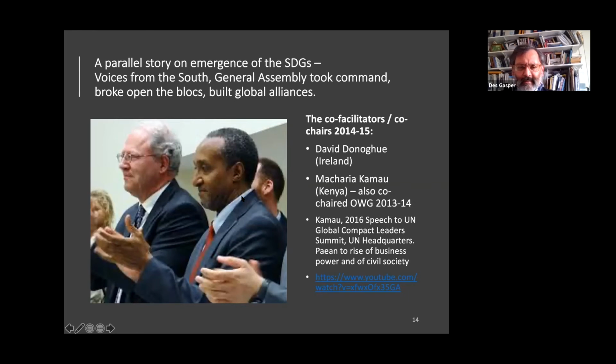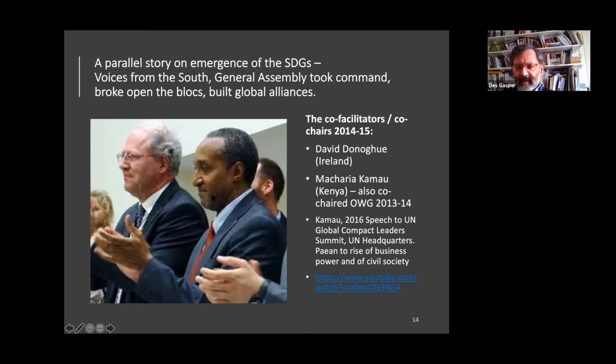Kamau articulates this quite forcefully. Donoghue, as you know, I think is co-author of a good book on the SDGs process, but I would recommend even more the book by Kamau and others, which puts a lot of emphasis on the mobilization from the South.